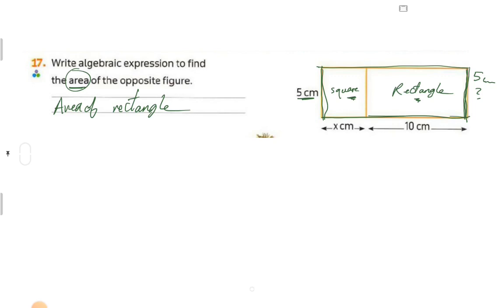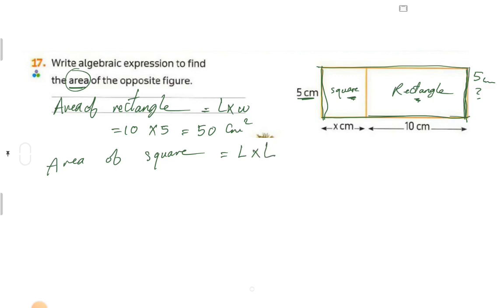I know that the area of a rectangle equals L by W. L equals 10, W equals 5, so it equals 50 centimeters squared. Now to find the area of the square. Area of a square equals what?